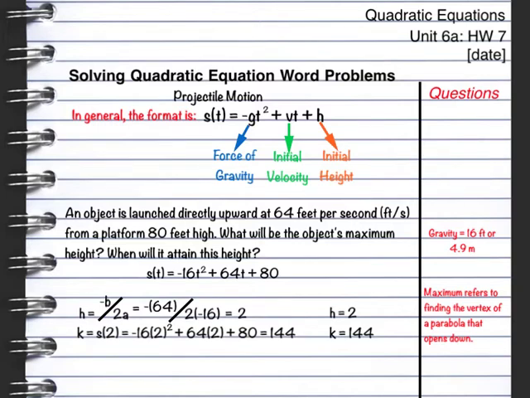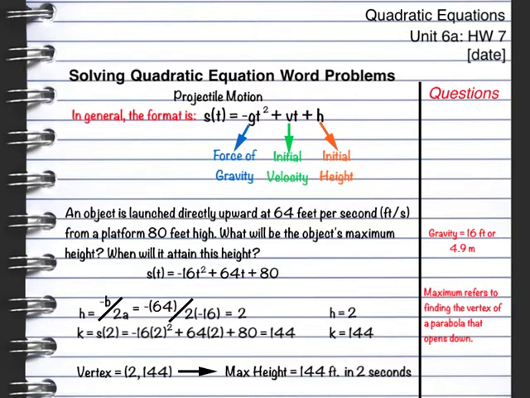So as I'm looking at this, I know that 2 represents time, 144 represents my height. Time is in seconds, height would be in feet. So my vertex is 144, and my maximum height would be 144 feet, and it took 2 seconds to reach that height. Go ahead and take a moment, pause, copy, before continuing on.